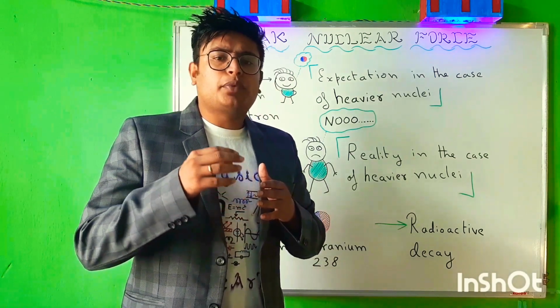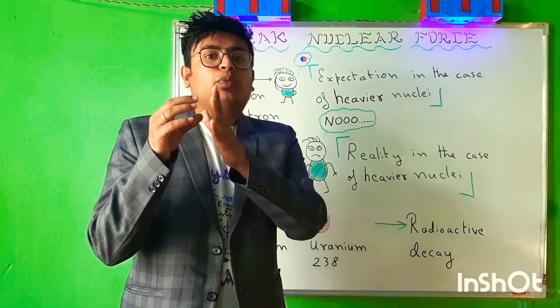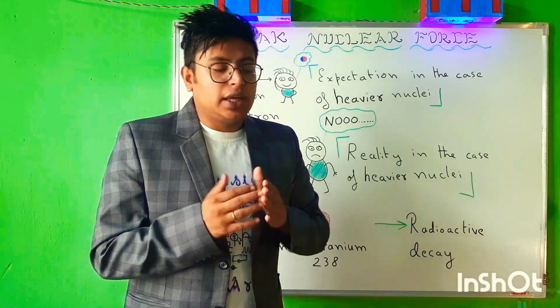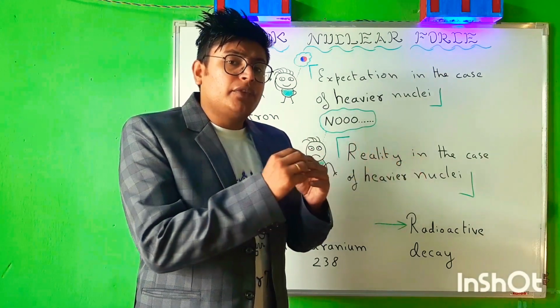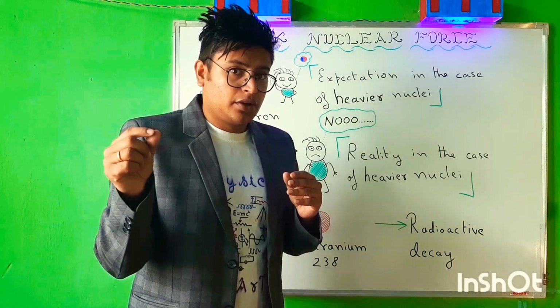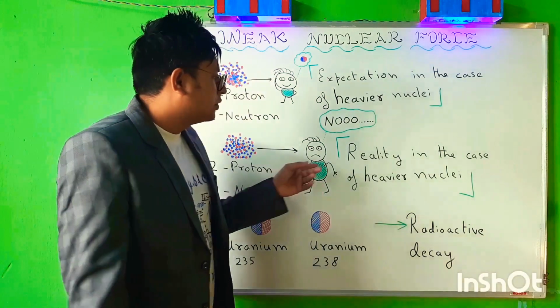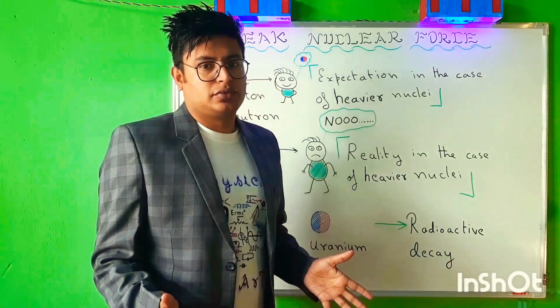As the number of protons increases, the number of neutrons increases exponentially. As we move to heavier and heavier elements, the number of neutrons starts increasing in an exponential way. This is the reality in the case of heavier nuclei.